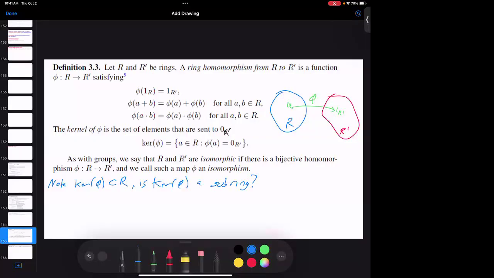Does everybody agree asking is the kernel of phi a subring is a natural question? What have I not defined in this sentence? Subring, right? So you're making the conjecture without even defining what a subring is. Excellent. We had groups and subgroups, so clearly we should have rings and subrings.